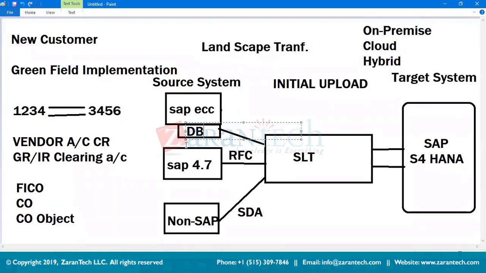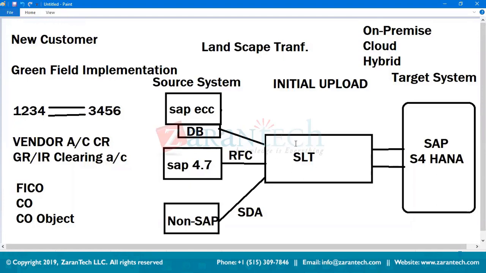Now, this transaction has been posted in SAP ECC. Once the transaction is updated in the DB, the SLT will trigger the database and take these transactions from the DB, which is very, very important, and it will do the mapping in the SLT.